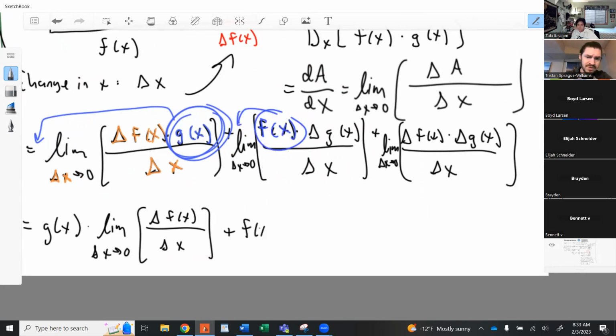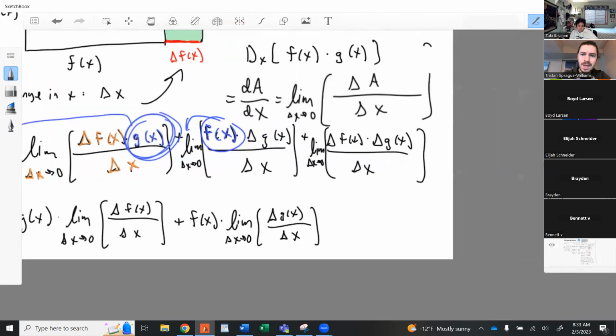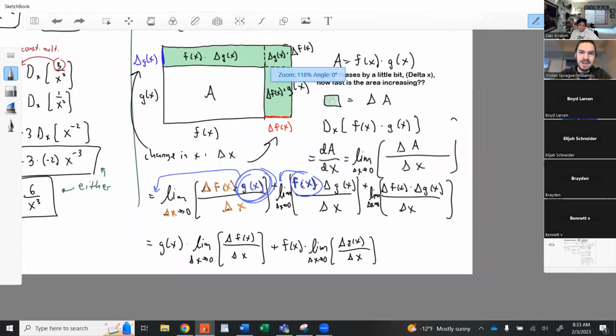So f of x comes out this time. Then I have change in g divided by change in x, like that. And then we have this last one. Now, this last one is a little bit hard to work with. I'm going to kind of wave my hands around.